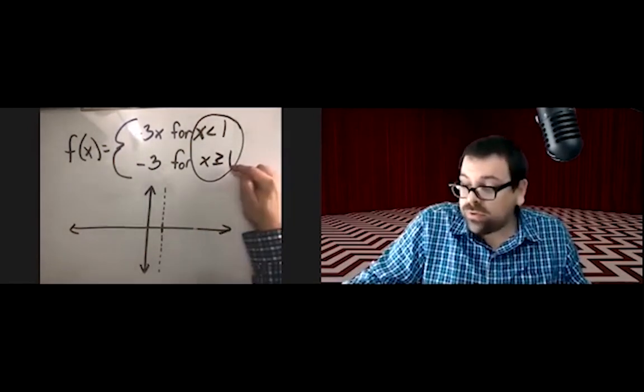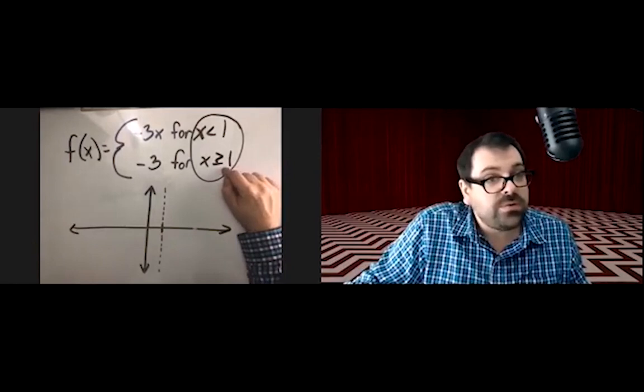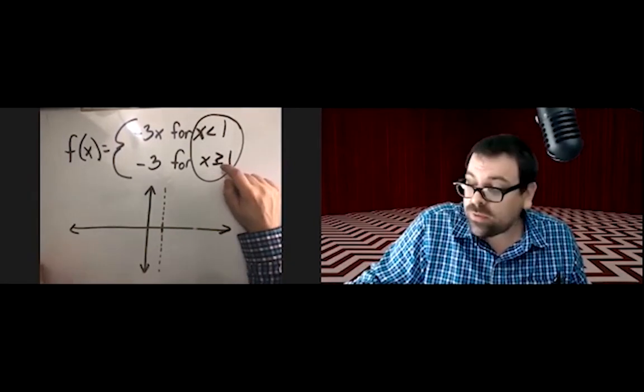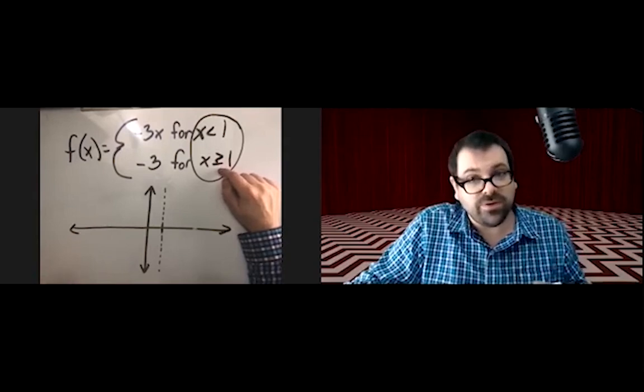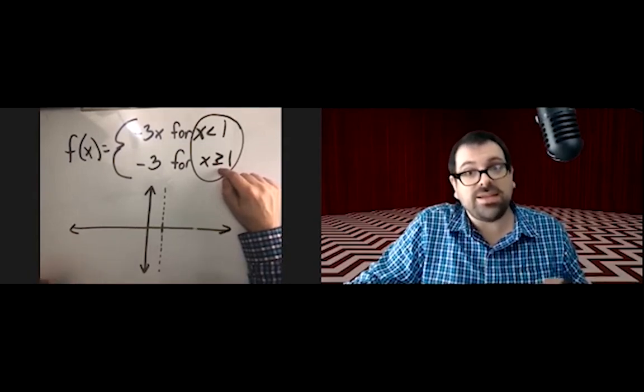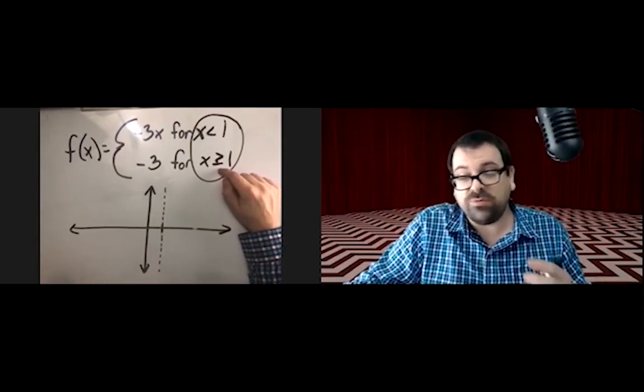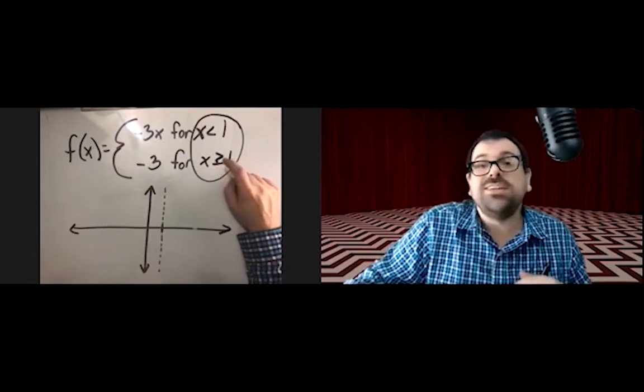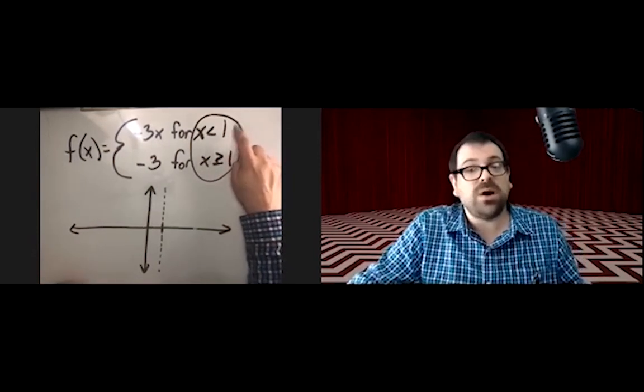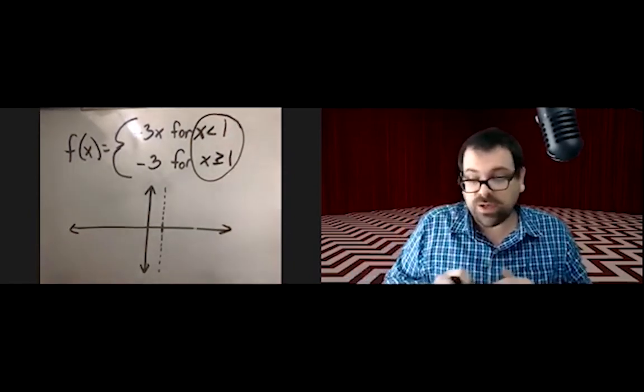Yes, I know this is the one that says equal, but we're still going to do both. The one that says equal is going to be the filled in one. That is where the graph will exist there. But we still need to know where the open circle is. That's why we plug it in here as well.